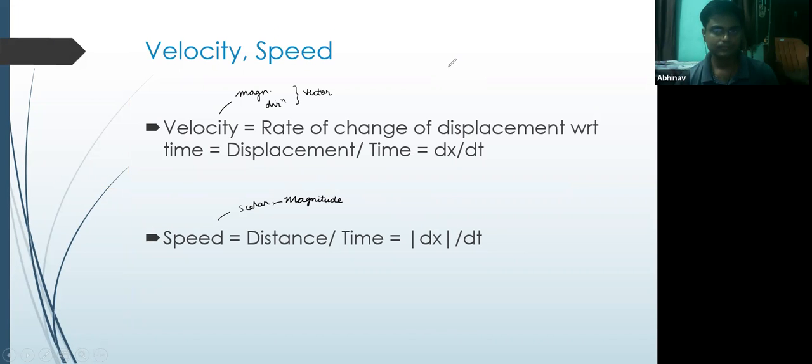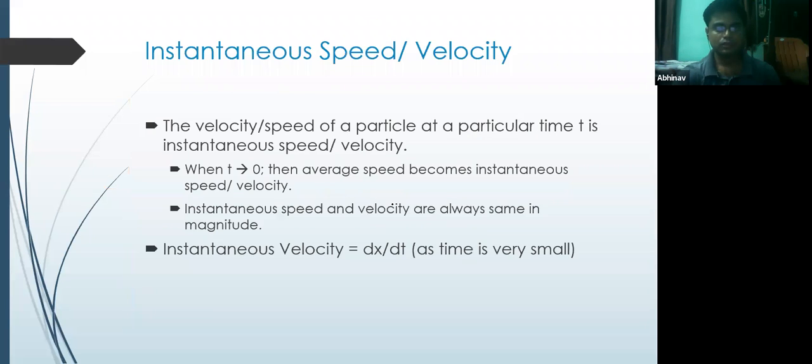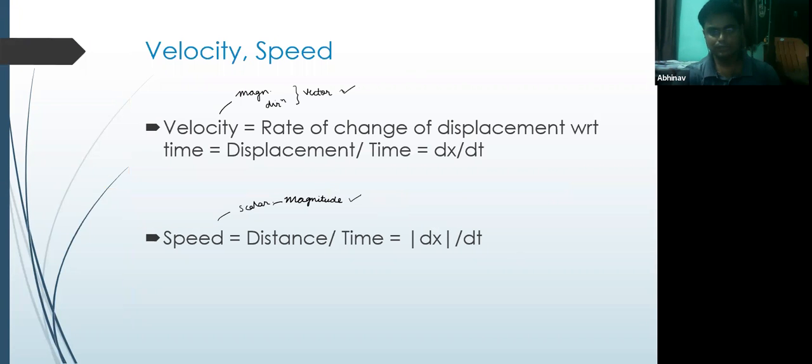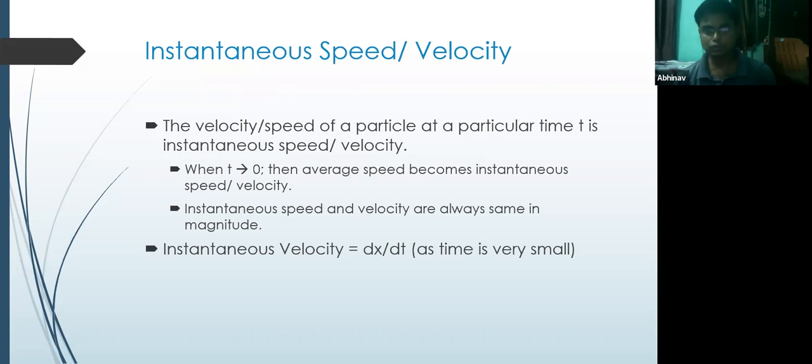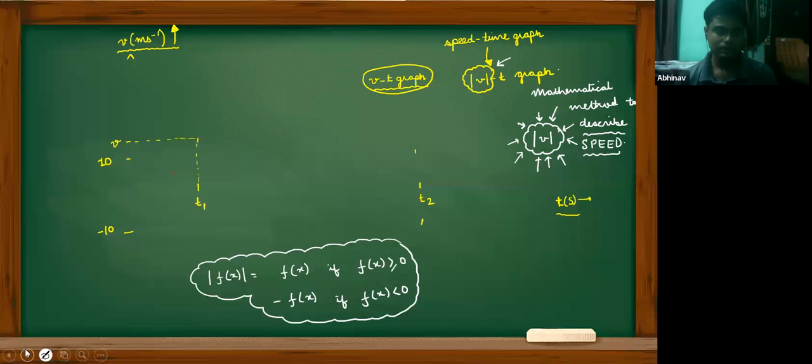So that's what is mentioned here, that velocity is a vector quantity, whereas speed is a scalar quantity. Now, velocity is the rate of change of displacement with respect to time, and we have to understand two terms related with velocity. These two terms are instantaneous velocity and average velocity.